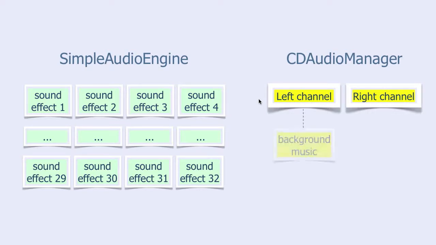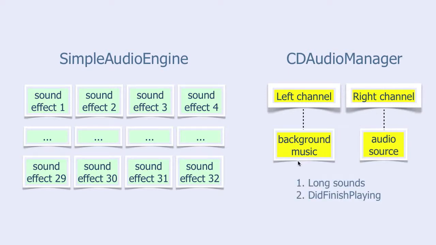Typically, you will play a background music on the left channel, and you will play some other audio source like narration on the right channel. There are 2 main advantages for using audio sources instead of sound effects. The first is that you can handle very long sounds.